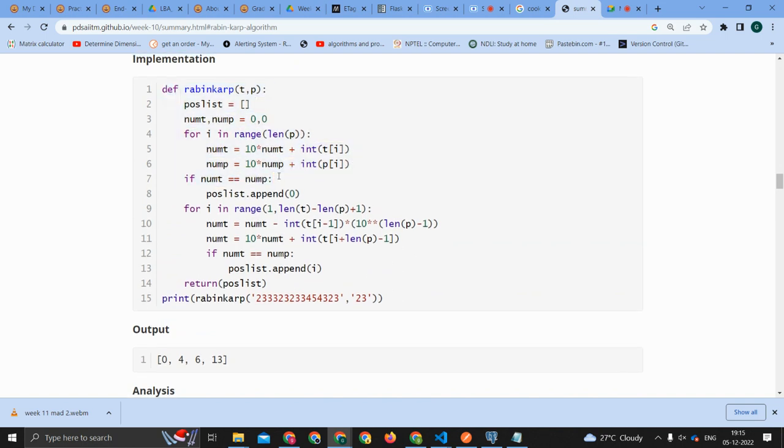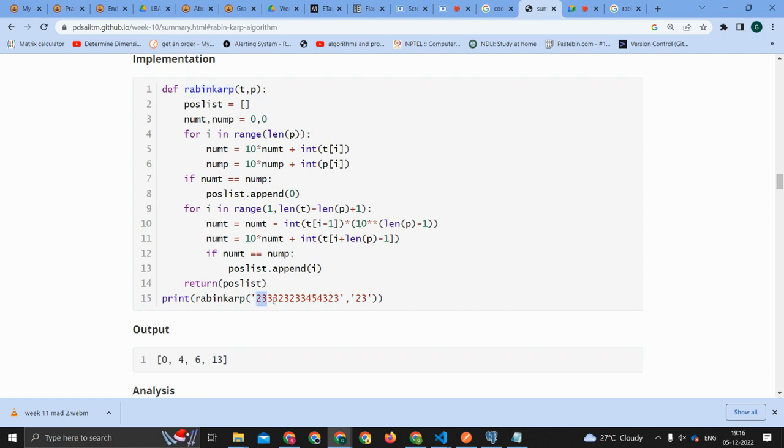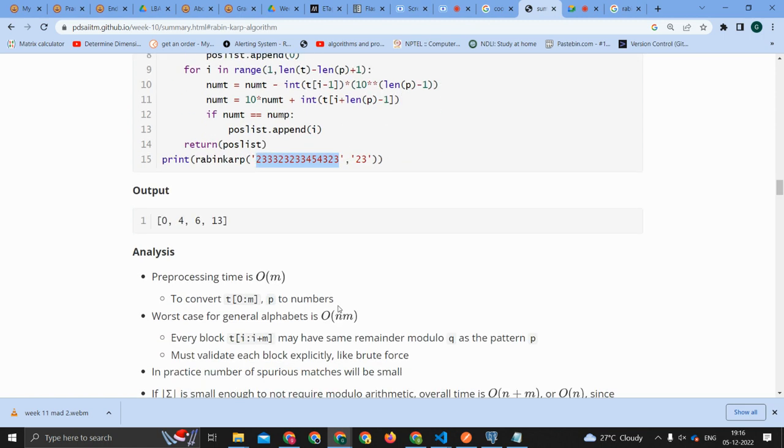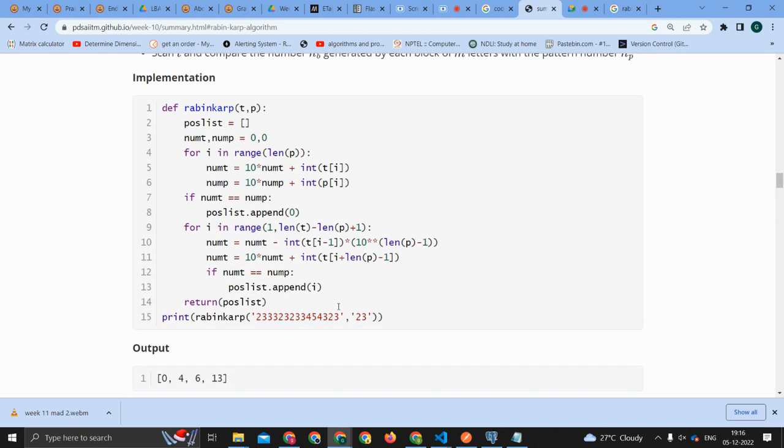So what is this Rabin-Karp algorithm mainly used for? For finding the pattern in the string, right? Okay. Examples. So I can see only numbers here. Why only numbers? I don't think only numbers. See, this is numbers, right?